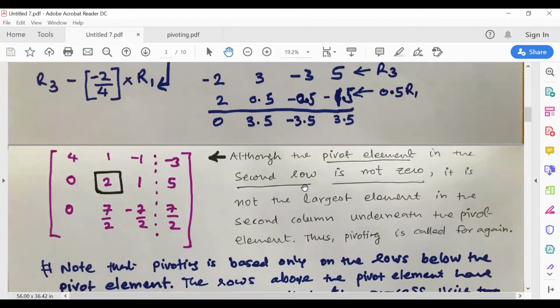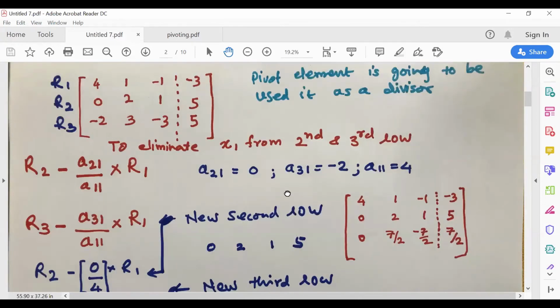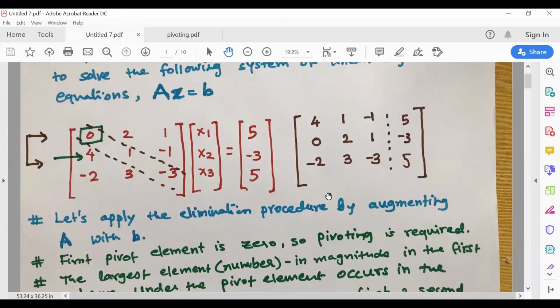Suppose a 3 by 3 matrix is there. Now observe this matrix. Here 7 by 2 is the largest number. If you look at the original matrix, let's say instead of 2 here there is 5, or here it is 6.